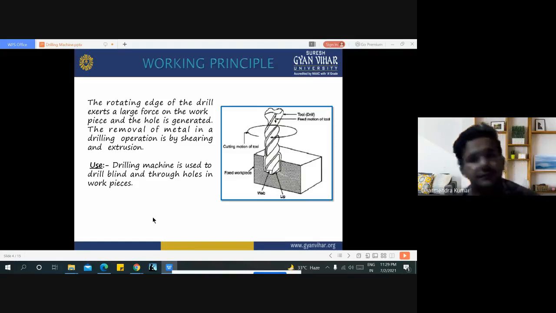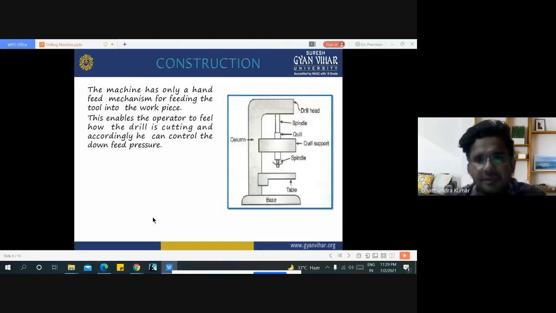The working principle is that the rotating edge of the drill exerts a large force on the workpiece and the hole is generated. The removal of metal in a drilling operation is by shearing and extrusion. The drilling machine is used to drill blind and through holes in the workpiece.